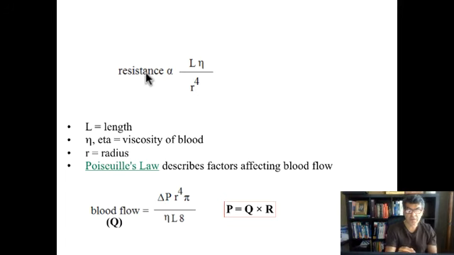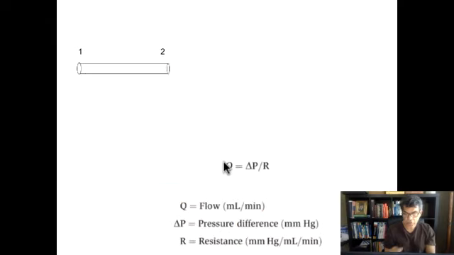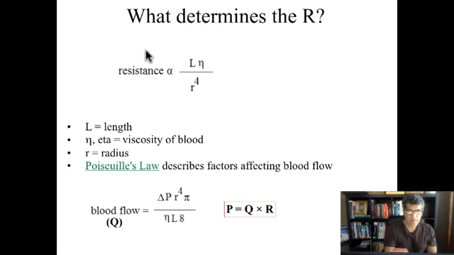As a result, my resistance is going to change by power 4, and as a result of that, Q is going to change. So imagine when my resistance changes dramatically, my blood flow is going to change as well. This is a simplified version of a big formula that is called Poiseuille's law. I'm sure I'm pronouncing it correctly, but this is a French name of the person who described this formula.